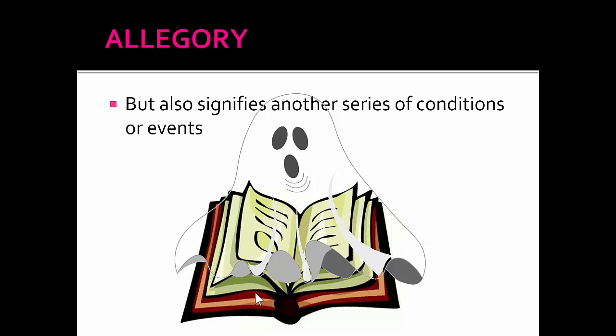So the characters in Animal Farm have characters that they stand for that were main people in the Russian Revolution. And a lot of the big events that happened in Animal Farm were supposed to signify main events that happened in the Russian Revolution, okay, as seen by the author.